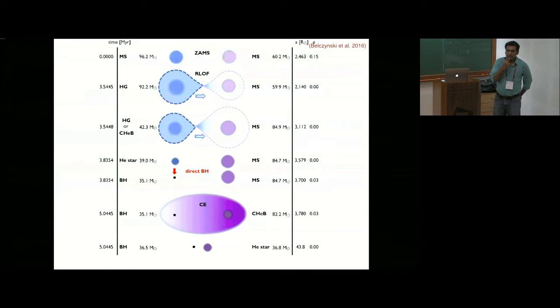Common envelopes can work for anything that becomes, I think, a carbon-helium burning star at any point. So you have a helium star inside, and you have a lot of hydrogen outside. In very compact systems, you can also have a helium giant.